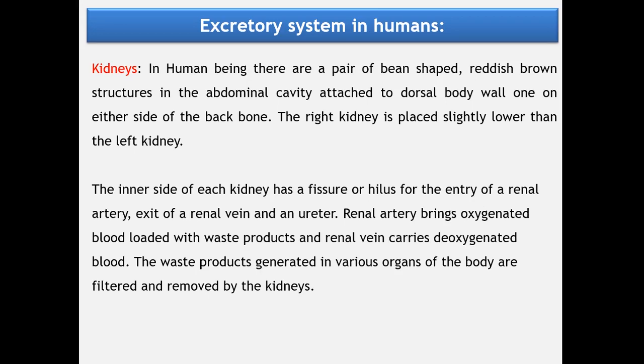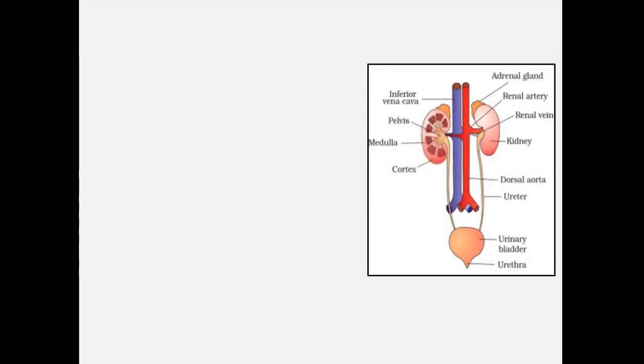The renal vein brings the deoxygenated blood out of the kidney, and the waste products generated in various organs of the body are filtered and removed by the kidneys. That is the main function of the kidneys. They filter the waste products which are generated in various organs of the body during metabolic activities.